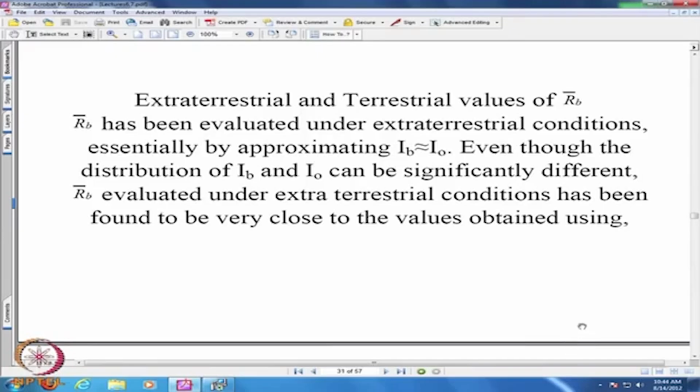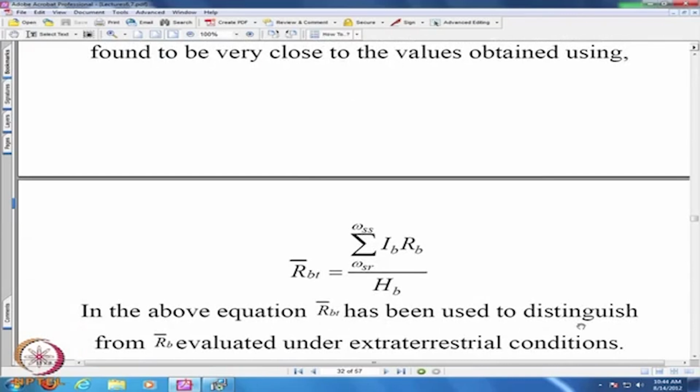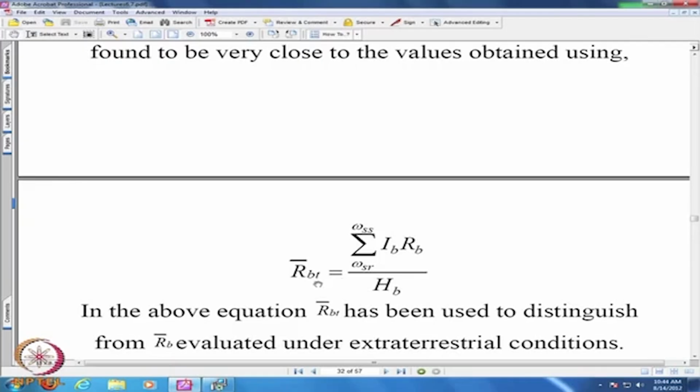So, a question arises: why is this so? You can expect the IB distribution to be considerably different from the I0 distribution. Apart from the errors cancelling, there may be cloud cover, there may be a bright hour, etc. So, RB bar T, just to distinguish for the sake of discussion, under terrestrial conditions will be IB RB upon HB.